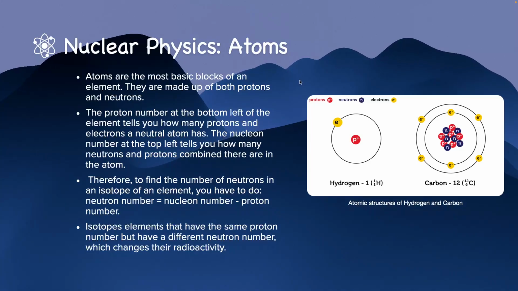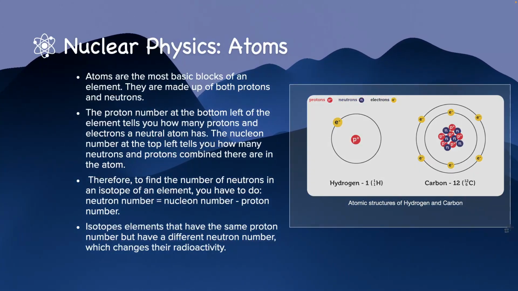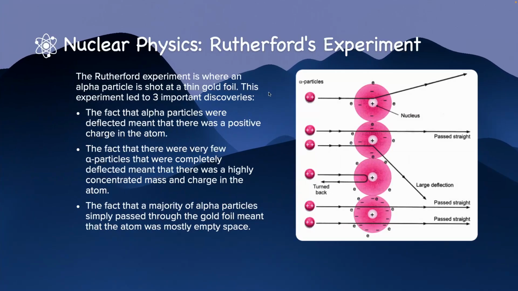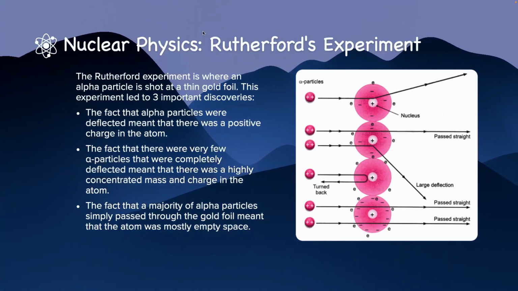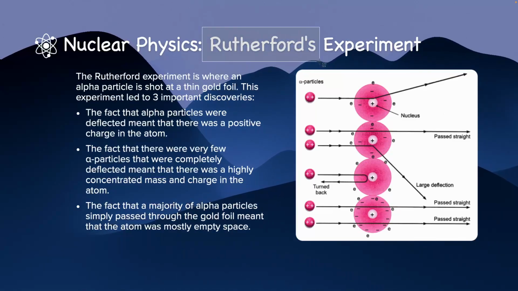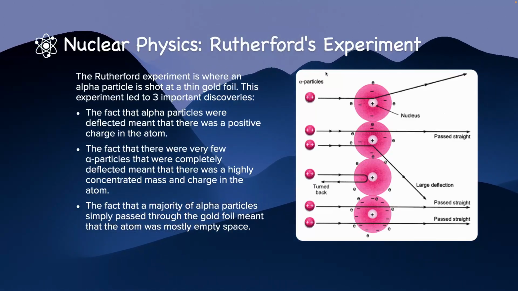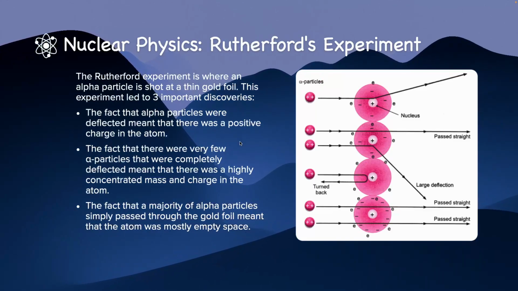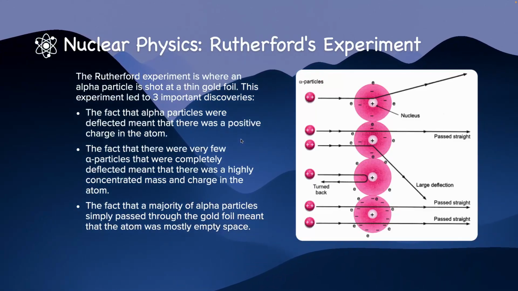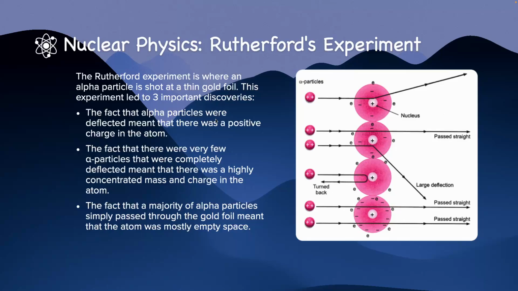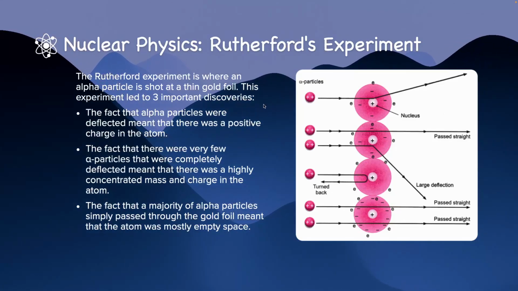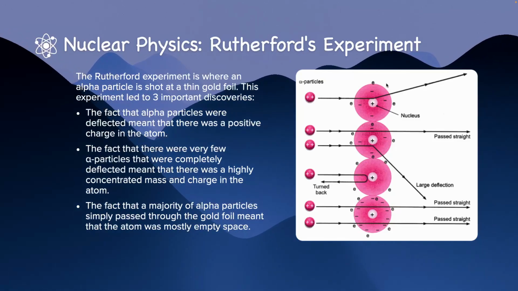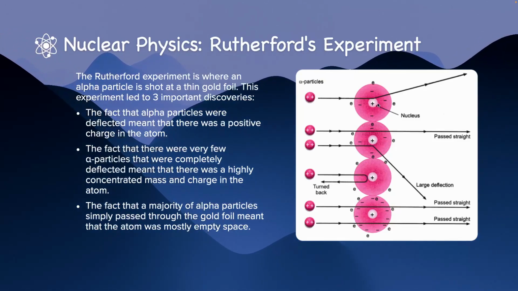So this atom structure was proven by the famous Rutherford's experiment, and you absolutely have to know this. In this experiment, the great scientist Rutherford emitted a lot of alpha particles, which are basically nuclei of a helium atom. Rutherford beamed these alpha particles at atoms of gold.